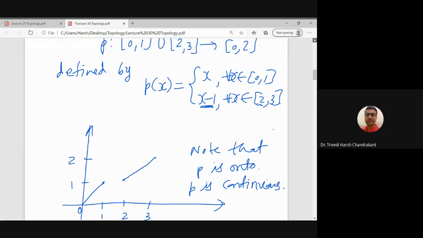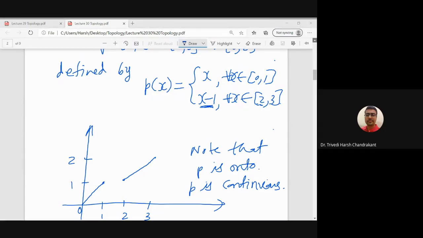So what is the definition of a continuous function? Can we recall again? If I have two topological spaces, then the given function is continuous if the inverse image of an open set is open.